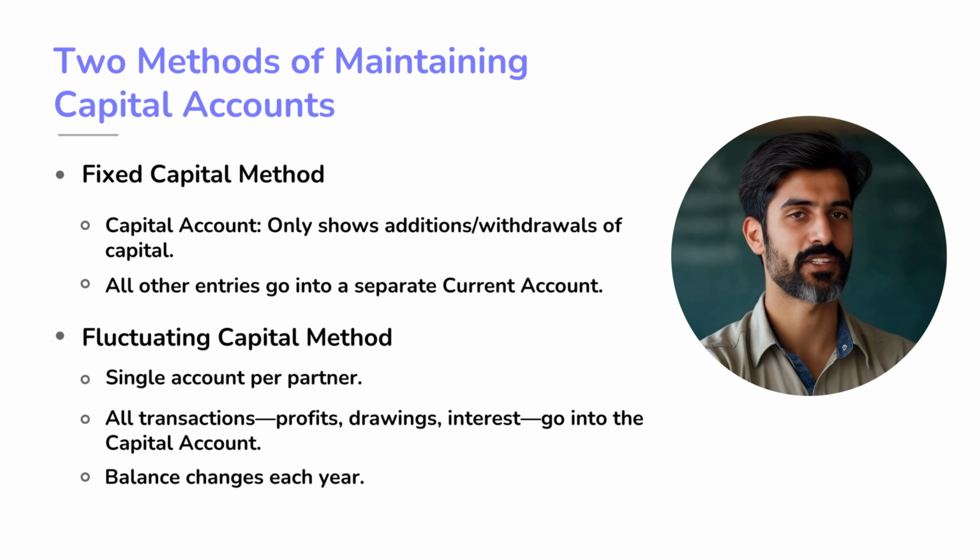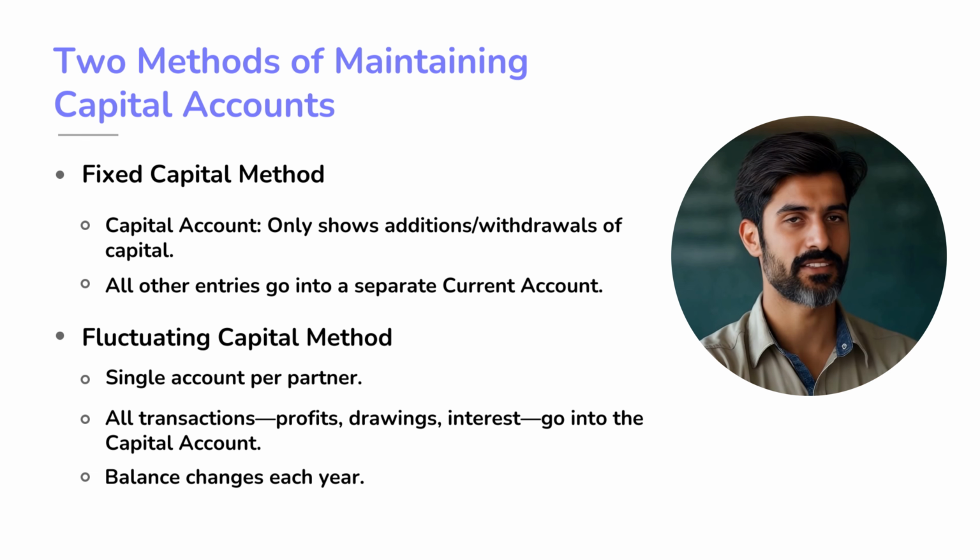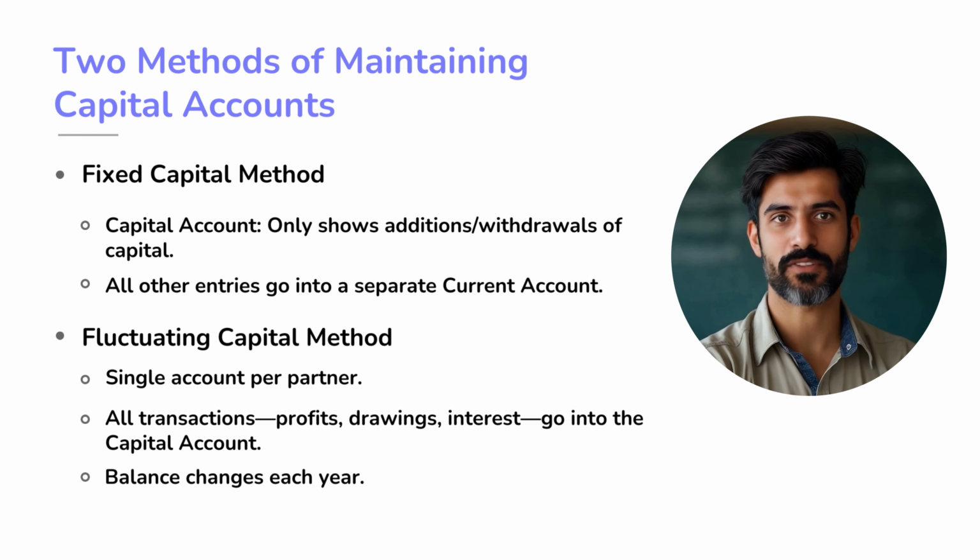Now that we know what a capital account is, let's explore how it's maintained. There are two main methods. Let's break them down. 1. Fixed capital method. In this method, the capital account stays unchanged unless the partner adds or withdraws capital.